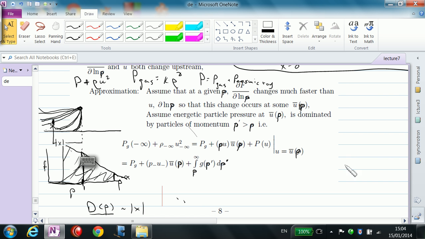So now, if I plotted the spectrum of particles, let me write in an expression for pressure, a fully relativistic expression for pressure.